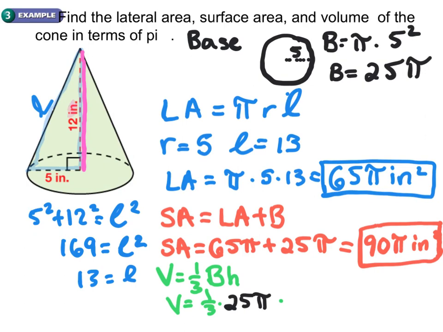So the height is 12. So it's 1/3 times 25 times 12, which gives you a value of 100. So your answer is 100 pi inches cubed.